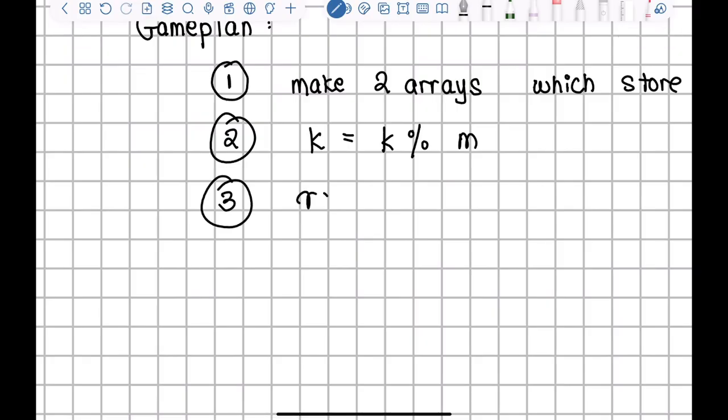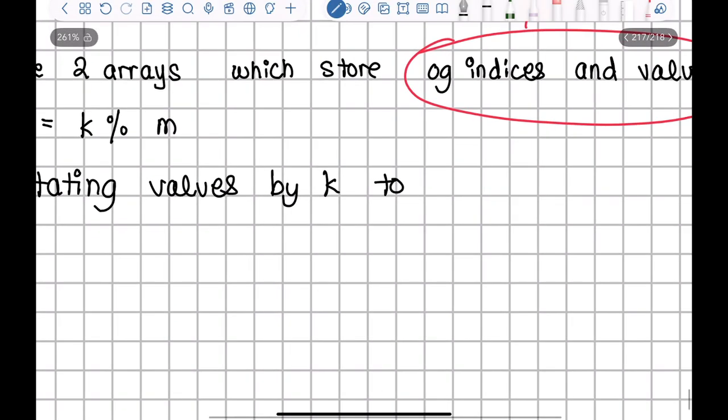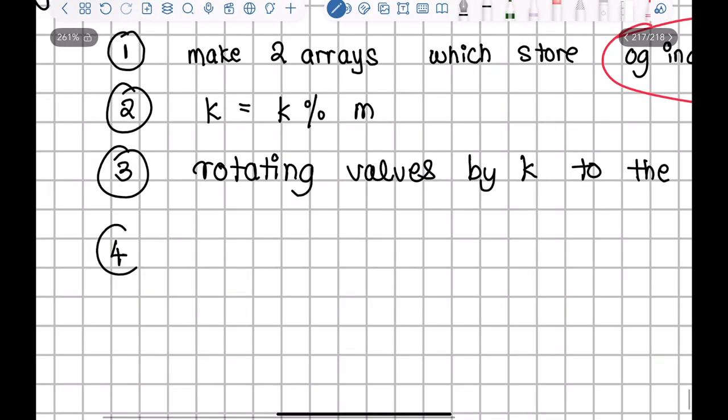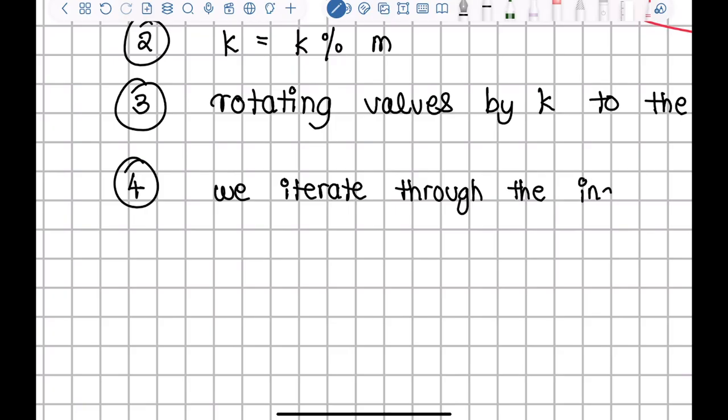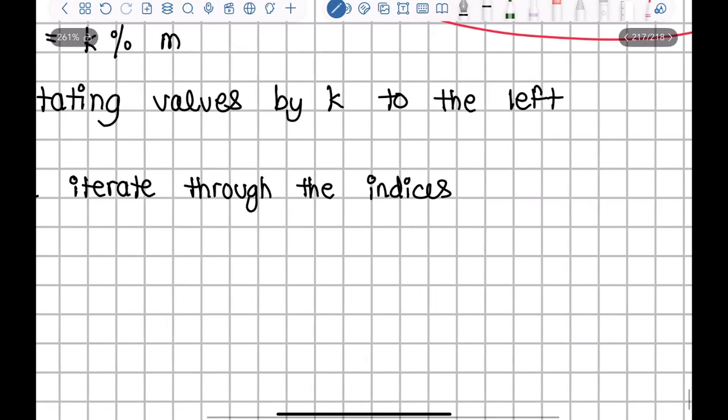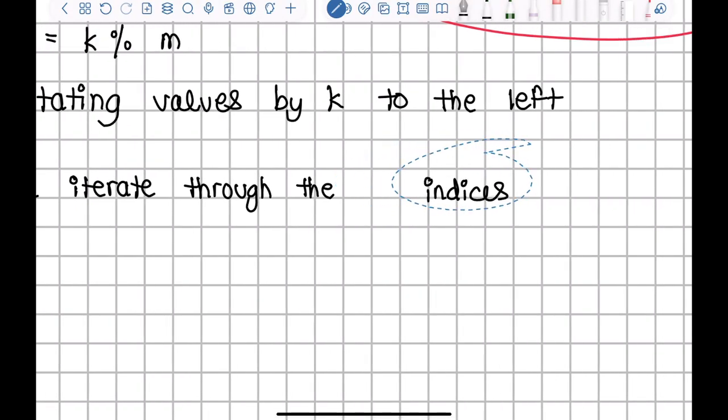Then what we are doing, we are rotating values by k to the left, and my fourth and final step is that we iterate through the indices, and to be very precise, the original indices. We iterate to the original indices and place new values.